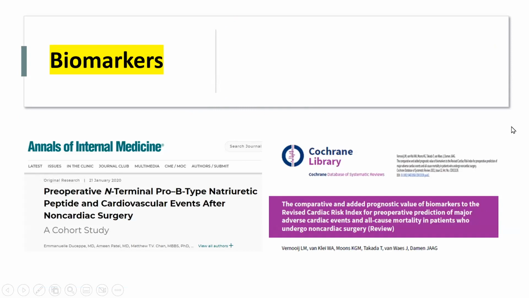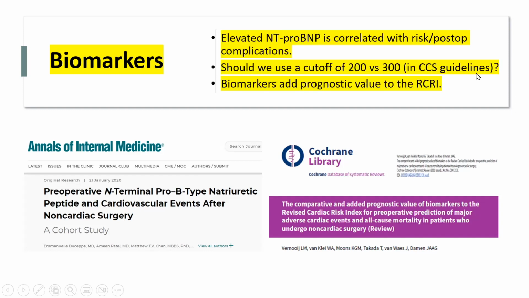Now, what about biomarkers? This is something also mentioned in the algorithms. On the left, from the Annals of Internal Medicine, you have Manuel Giuseppe's paper on pre-op N-terminal proBNP and cardiovascular events after non-cardiac surgery. On the right is a systematic review from the Cochrane group, and they both found the same thing. What did they look at?